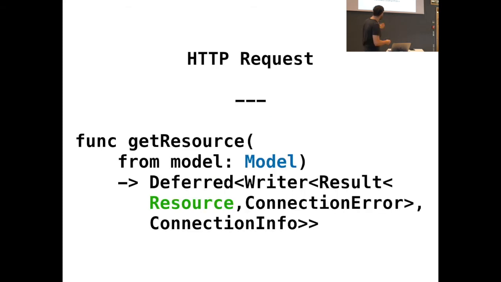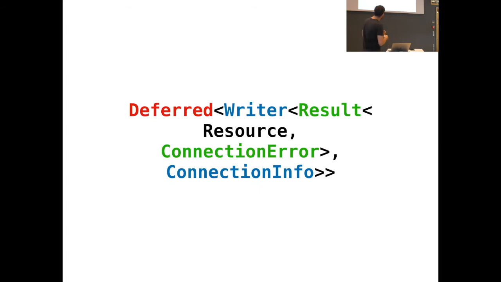So we can add a result inside the writer, inside the deferred. So this is the type we end up with: a deferred of a writer of a result, where the secondary type of the result is the connection error, and the secondary type of the writer is the connection info. This is fun.